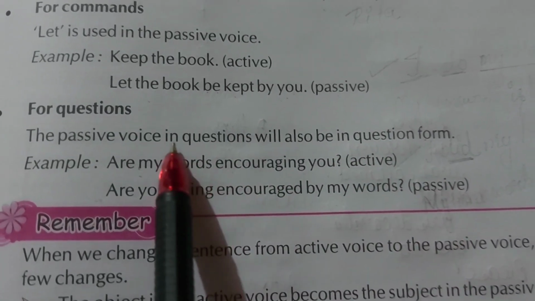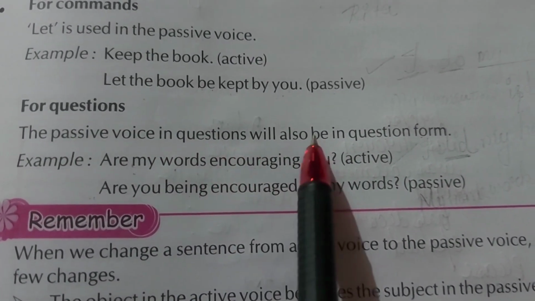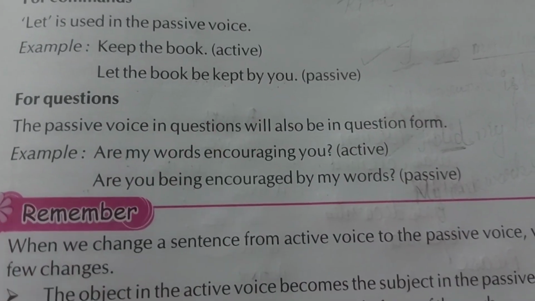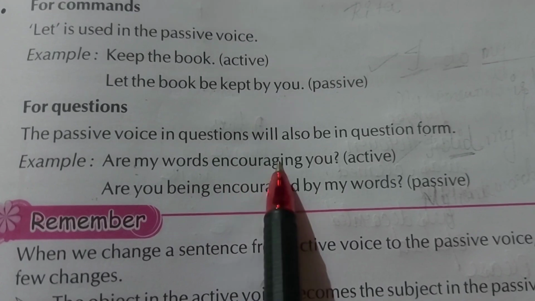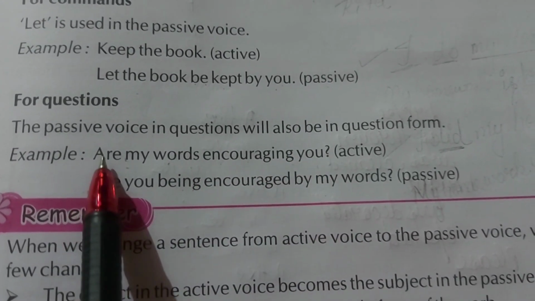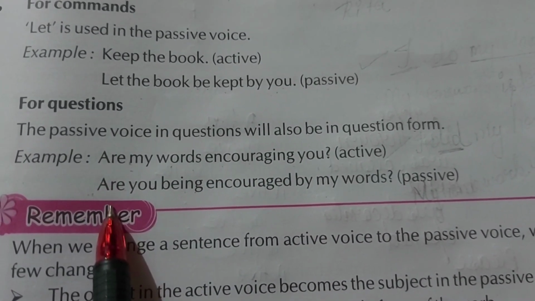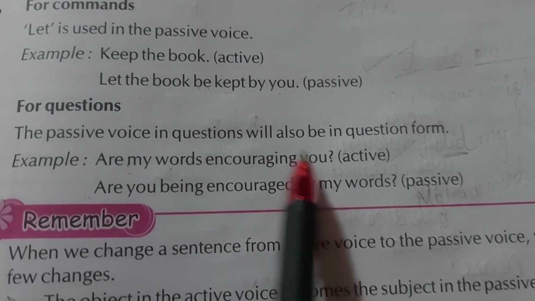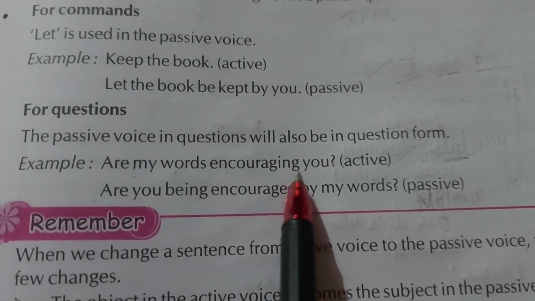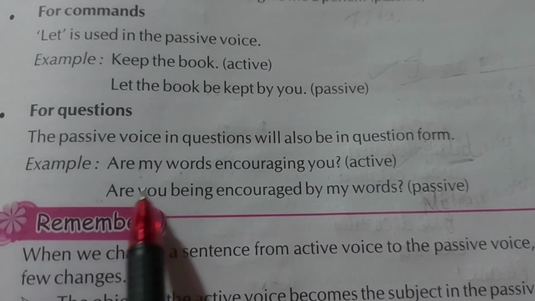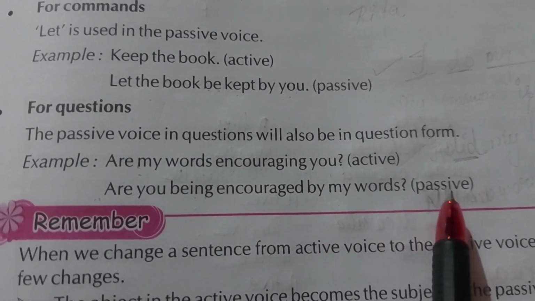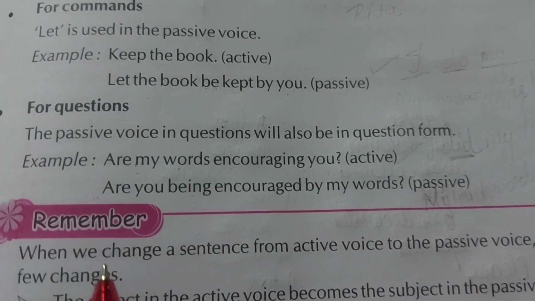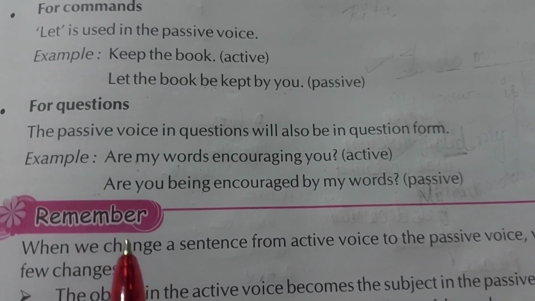Okay, passive voice जो question में होगा वो question form में ही रहेगा. Let's see how we do this. Are my words encouraging you? You just have to write the same here. Are, you changes to be with the subject. Are you being encouraged by my words? That is a passive.